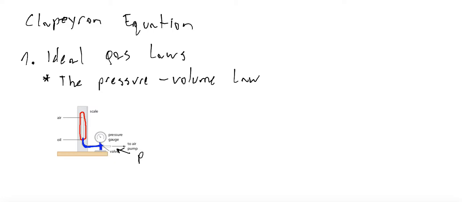So in other words, pressure is changed by a pump, and the liquid compresses or decompresses the gas. Volume of the gas can be found by using a reading of the scale.